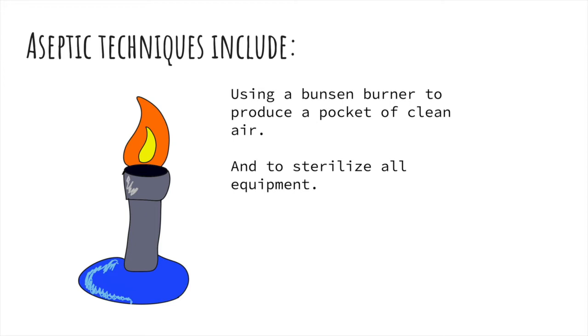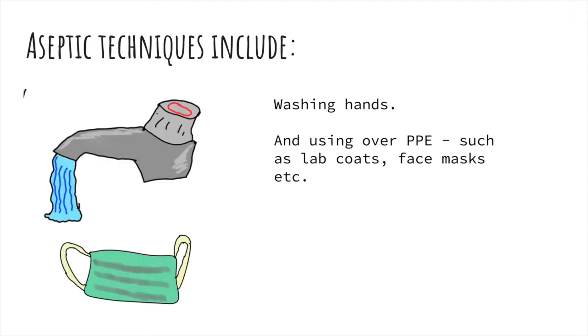And then you can put all your equipment into that Bunsen flame, heat it up, and again that kills any bacteria, any pathogens, because you are causing those enzymes to denature, and your pathogens shrivel up and they die.